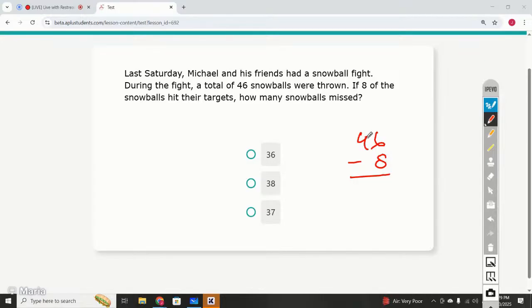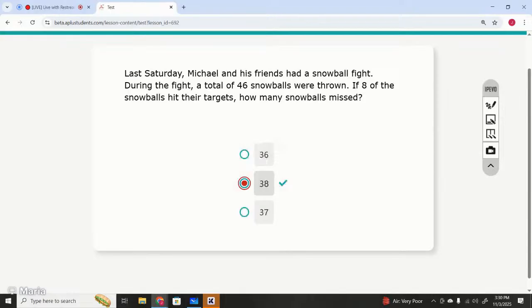That is 16 minus 8 is 8, and 3. That is 38. Option number 2 is the correct option.